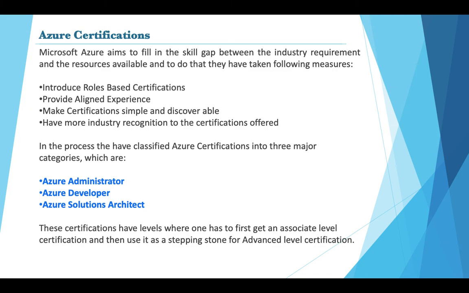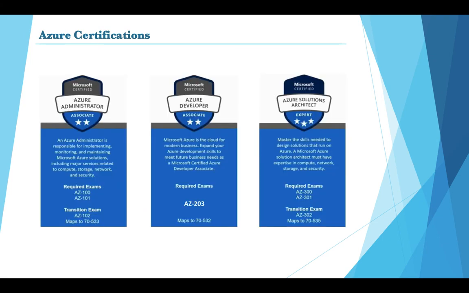They have some specific roles: introduce role-based certifications, provide aligned experiences, make certifications simple and discoverable, and serve as industry recognition. There are 3 types of certification: administrator, developer, and solutions architect. Let me give you a picture of it. You can go and give exams for Azure, and you get certified.